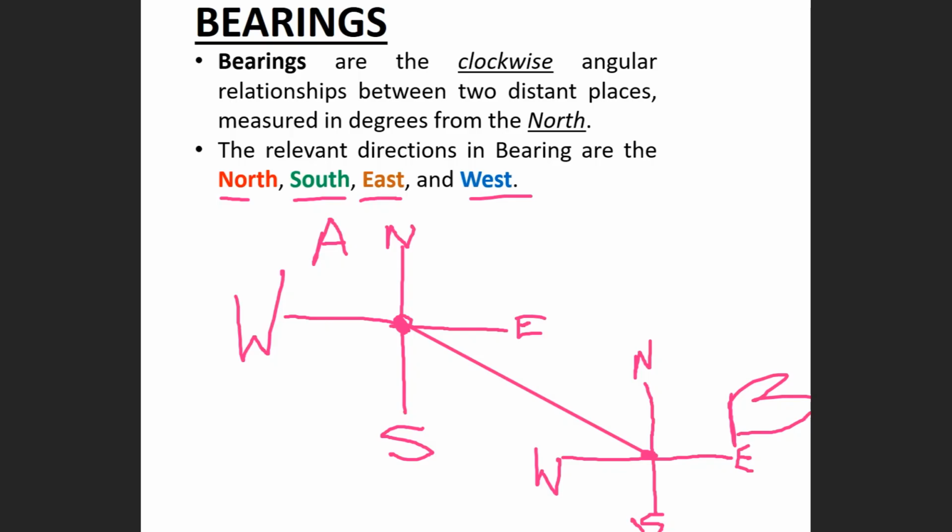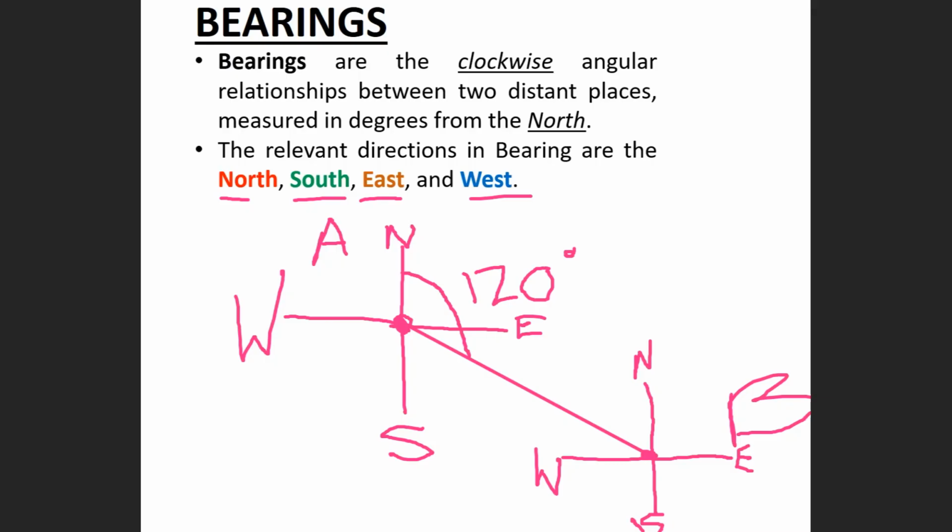Maybe I want to measure it from point A. Then I can draw from the north of A all the way down to the line that joins points A and B. Then I can use my compass to measure the bearing. Then I write whatever the bearing is. Maybe the bearing is about, let's say, 120 degrees.